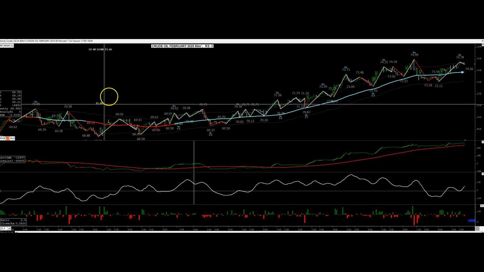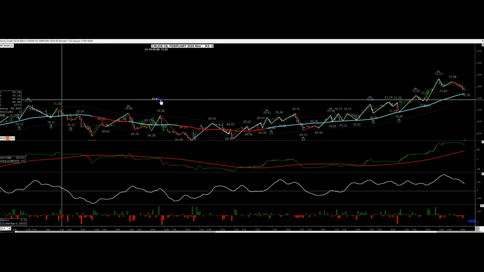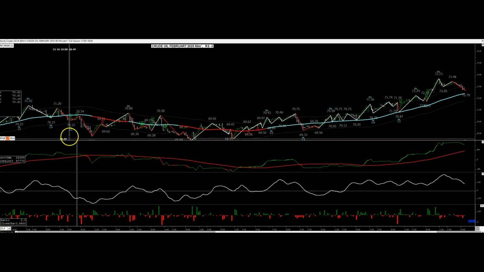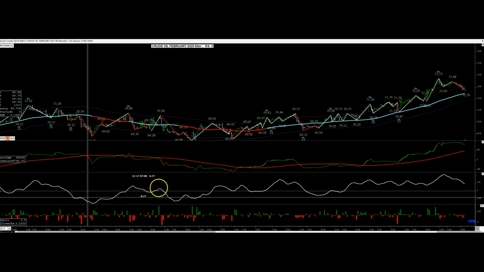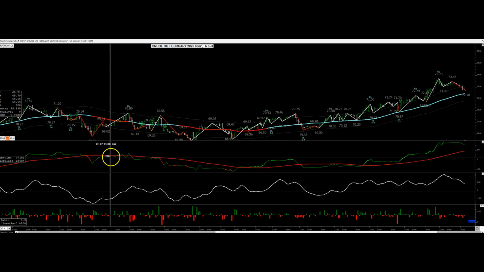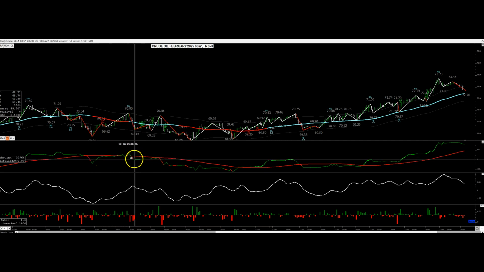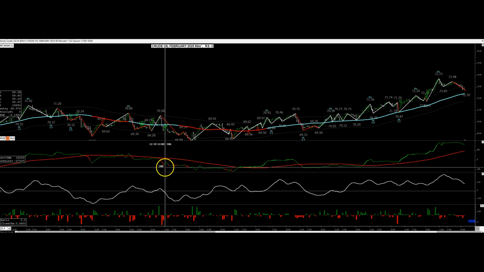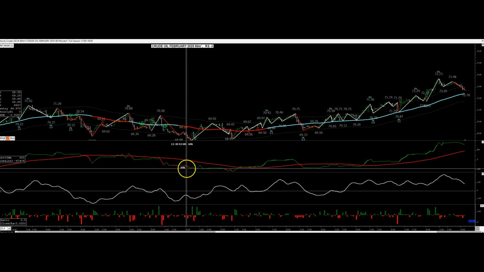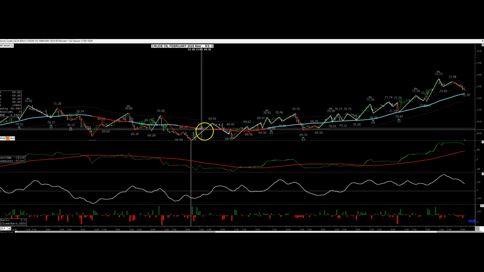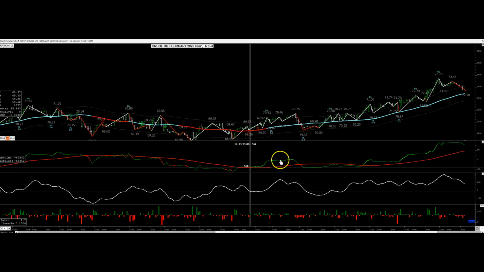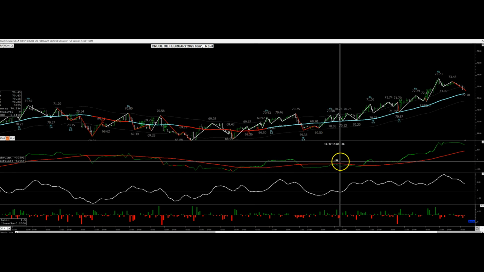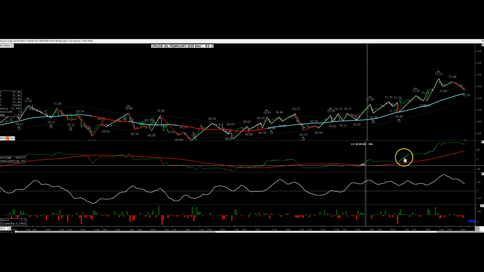Now we take a look at the down rallies, right? You have the base, you have the break. You have the rebase, you have the rebase, then you have a break, then base, keeps on going down until around here where you have a base, then a higher base, then a break, then rallies back up and rebases higher.